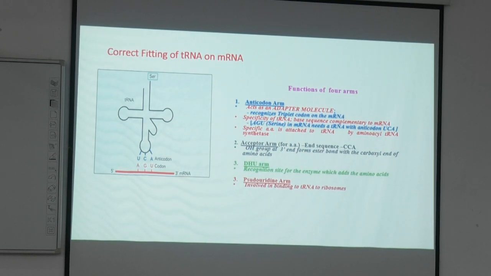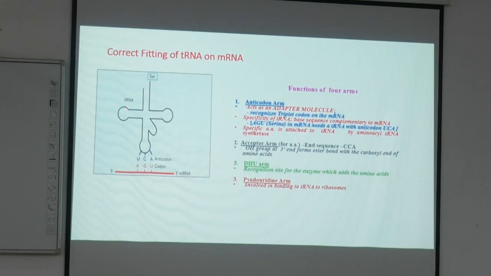The specificity of the tRNA is the base sequence complementary to the mRNA. Like here, if AGU is the codon, then the anticodon will be UCA or ACA. This will be read in this direction. And the acceptor arm is here. There is the CCA arm. It forms an ester bond with the amino acid.